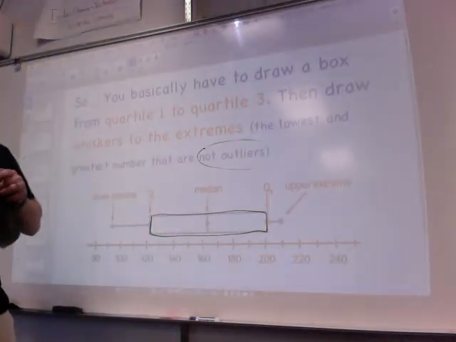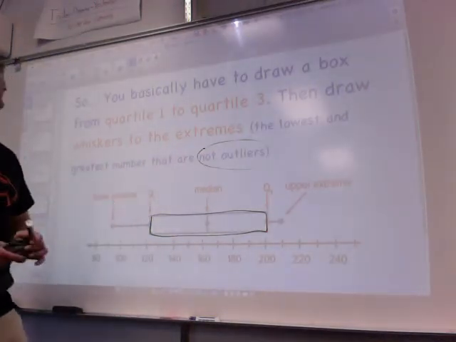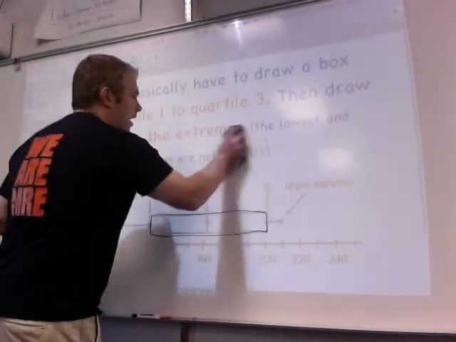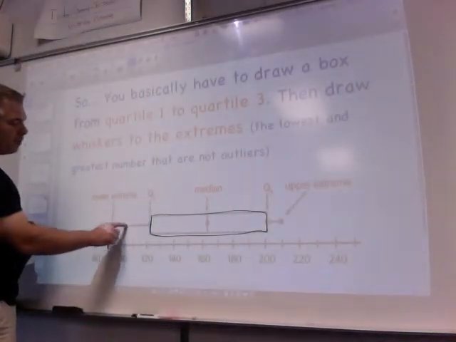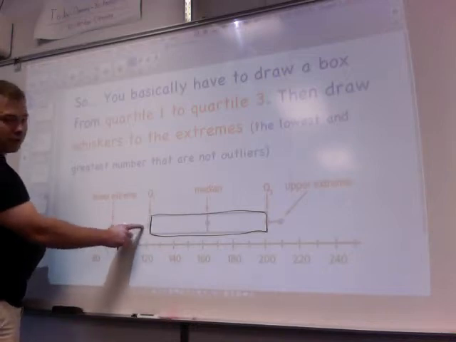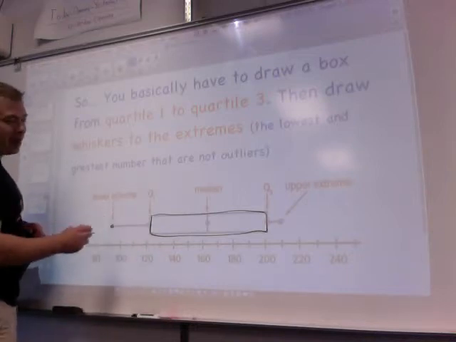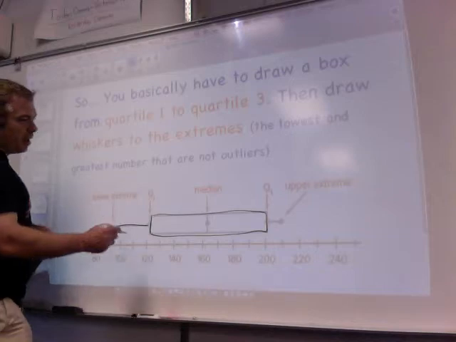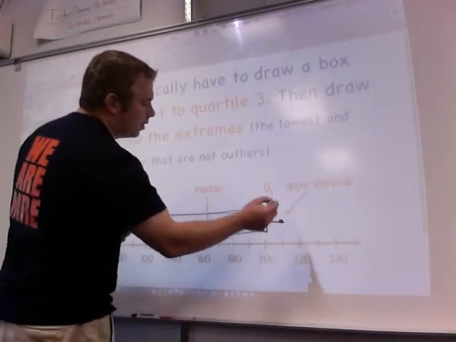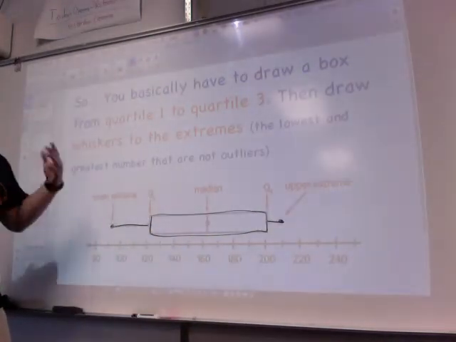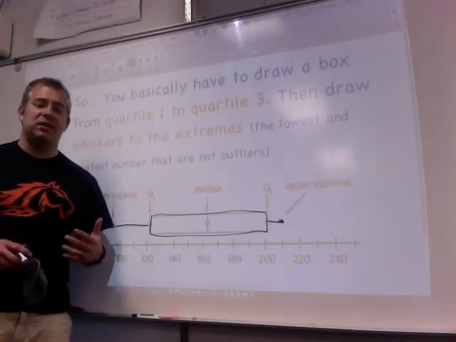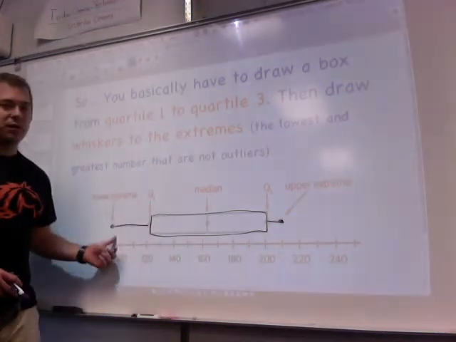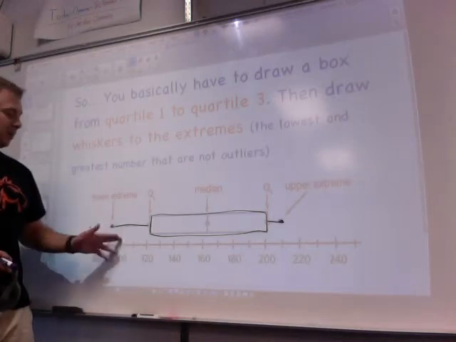Do not put your outliers on your whiskers there, okay? And here are the lines right there. There's my lowest extreme. Now I might have numbers that are less than quartile 1 somewhere on here, but I only put a dot at my lowest extreme and a dot at my highest extreme, okay? Your highest number and your lowest number in your data set that are not outliers will be your extremes.